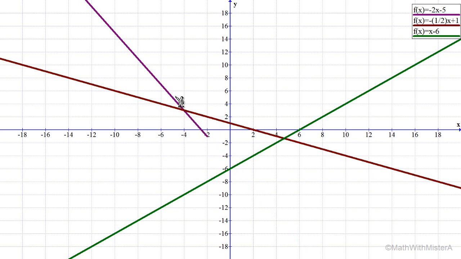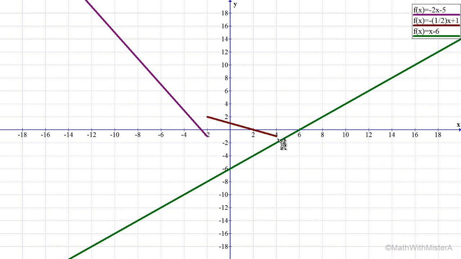So it exists only for x values that are less than -2. The middle function, f of x equals -1/2 x plus 1, this one is only used for x values that are between -2 and +4. So let's chop off these two pieces on the left and the right so that we're only looking at the graph between -2 and +4.